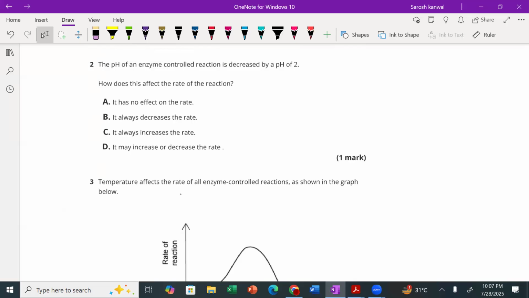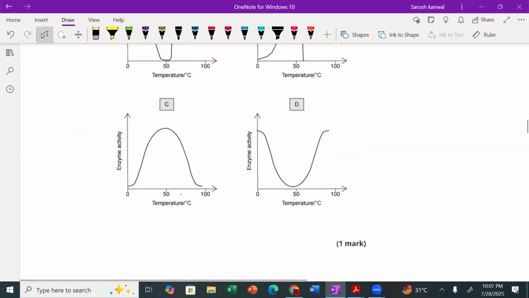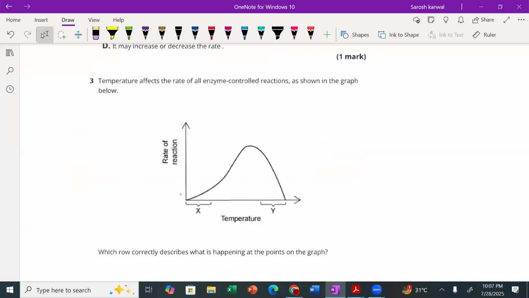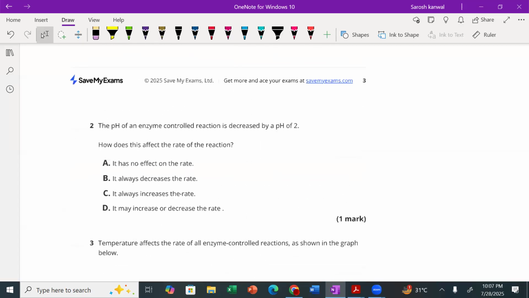Yes, Sam, this question is for you, and your answer is D, it may increase or decrease the rate. Okay, Sam, you are correct.